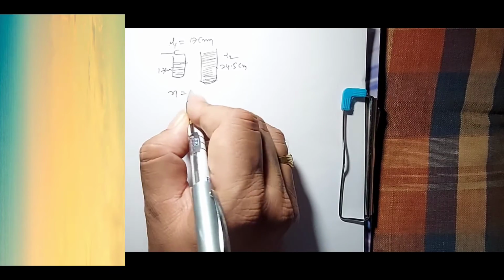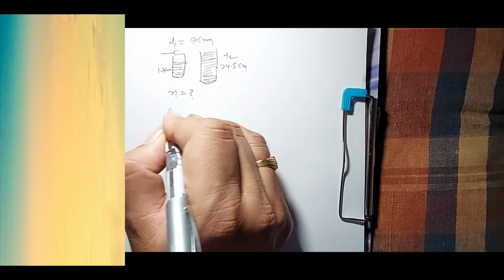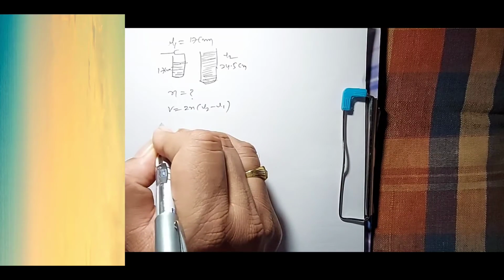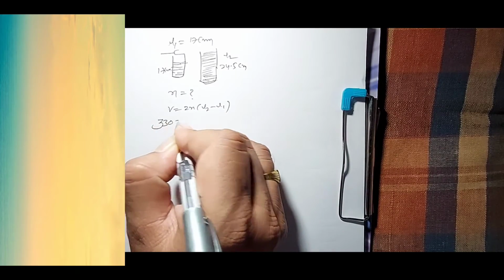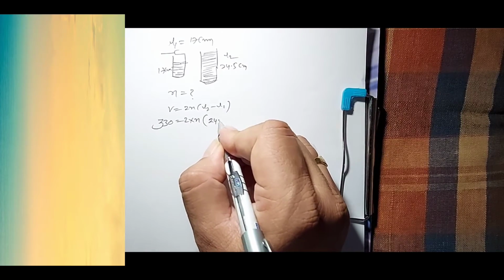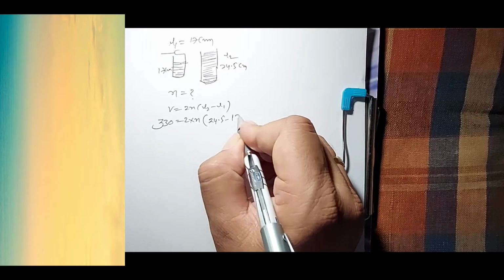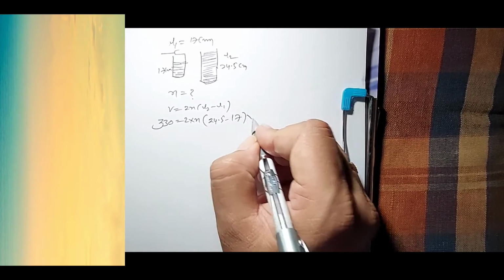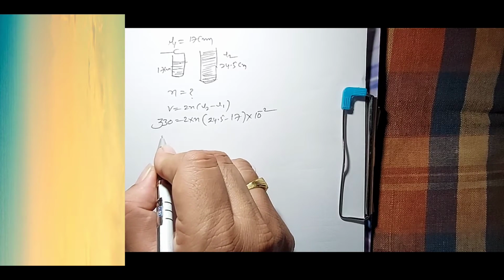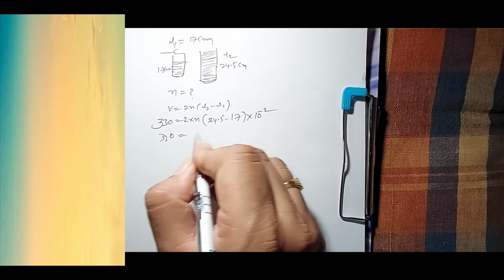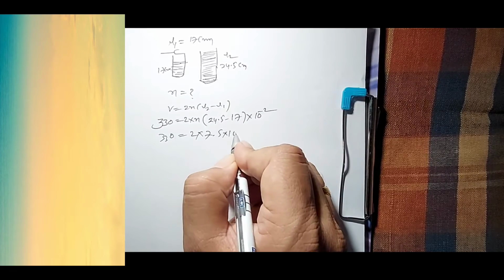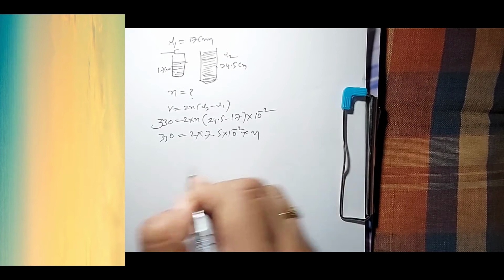What is the frequency of the tuning fork? We know that V is equal to 2n into (L2 minus L1). V means 330 is equal to 2 into n into (24.5 minus 17) centimeters. You should convert it into meters, 10 to the power of minus 2. So 330 is equal to 2 into 7.5 into 10 to the power of minus 2 into n.